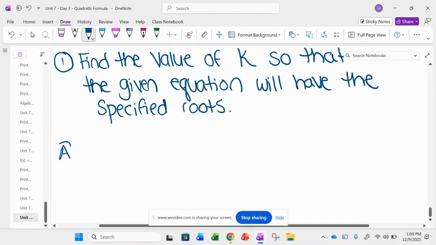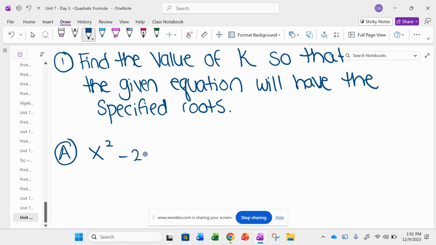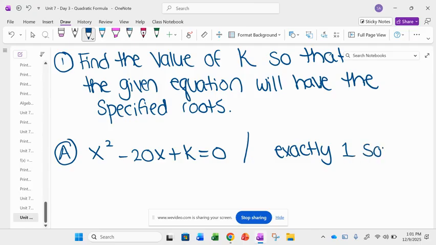And our first one is going to be the equation x squared minus 20x plus k equals 0. And we want to have exactly one solution.